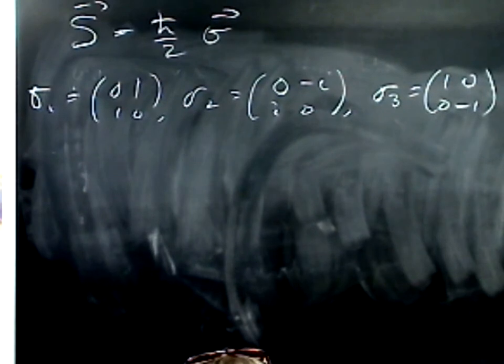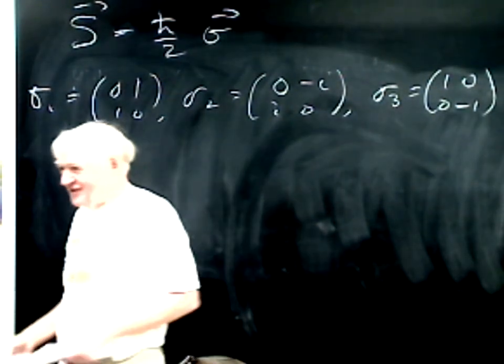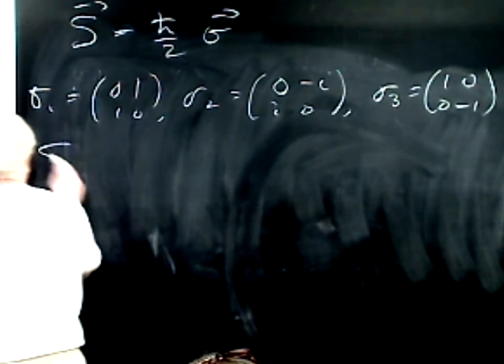So that's fine if you have one electron, say. But of course, as you know, there is more than one electron. And so you often have to deal with 2 electrons or 3 electrons. So let's consider the case of 2.